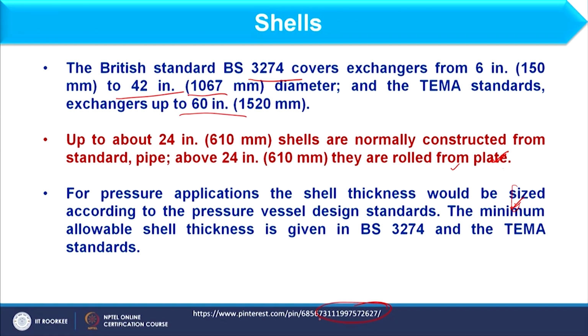And as far as shell thickness is concerned, you can calculate that through mechanical design, where pressure vessel design is discussed, either the Indian code or the British standard code, whatever. So in that way you can calculate the thickness, and how we should choose the correct shell diameter, I have already discussed. But first of all we have to calculate the shell diameter.